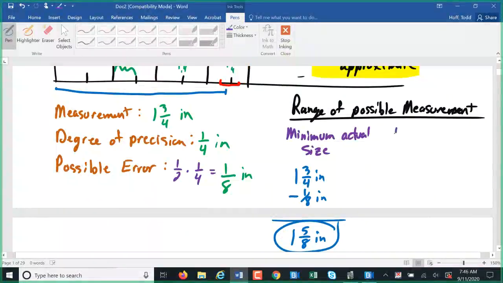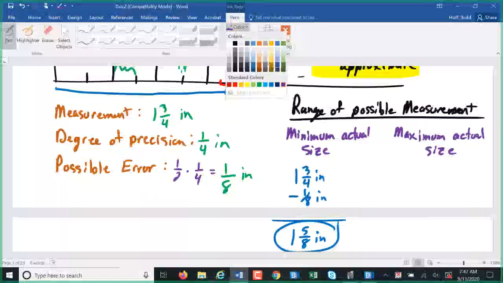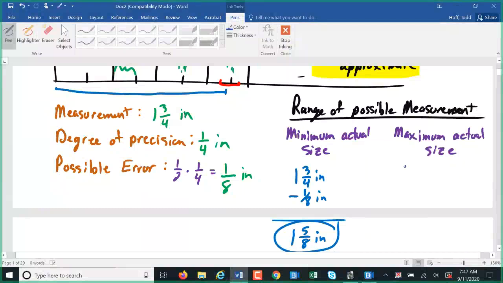The maximum actual size for that measurement would be the measurement, 1 3/4 inches, plus the possible error of 1/8 inch. That's 1 7/8 inches.